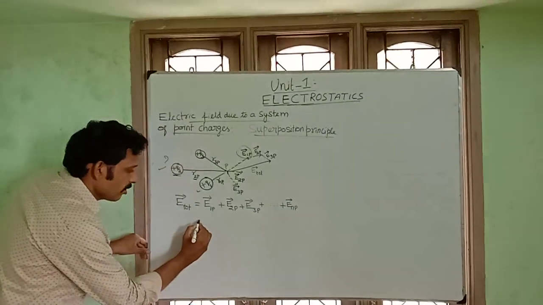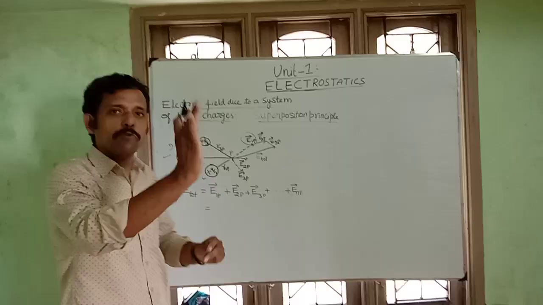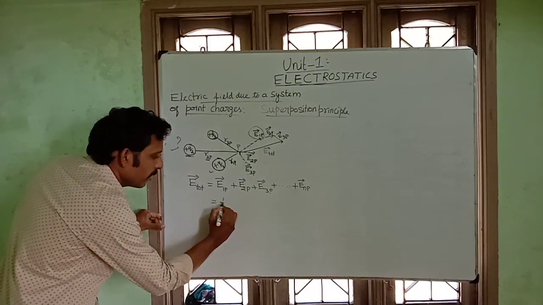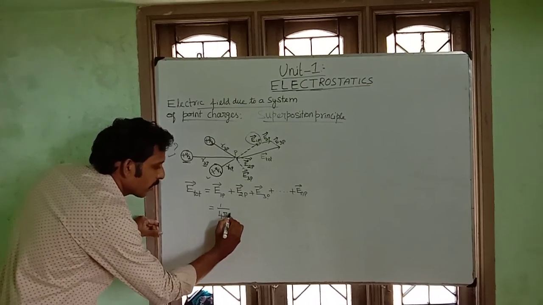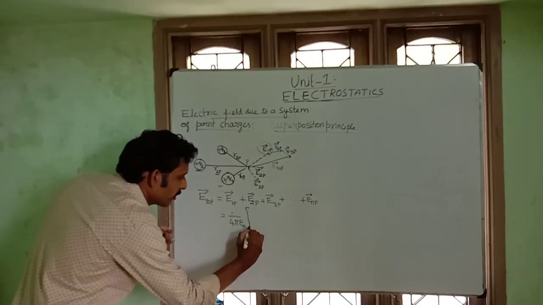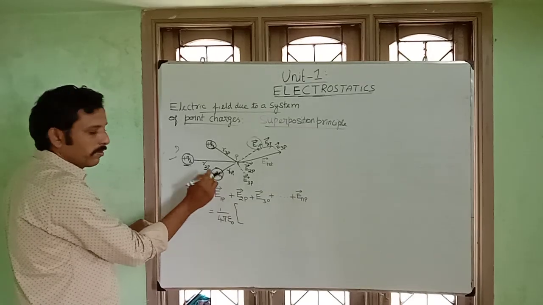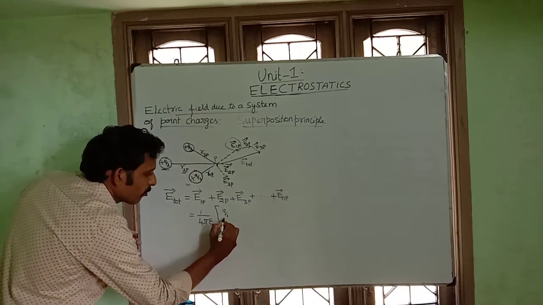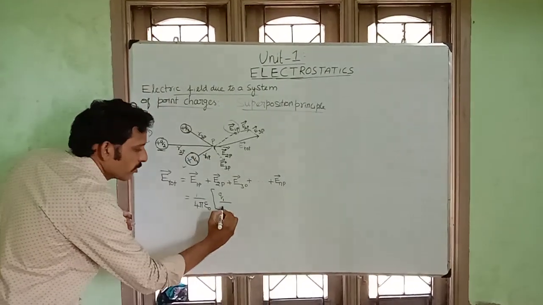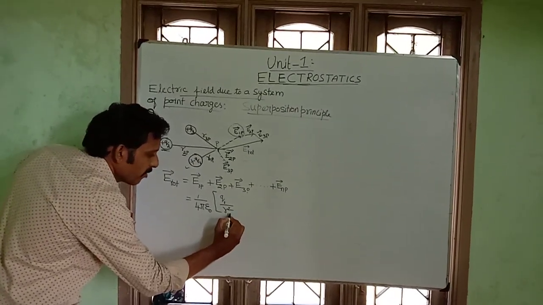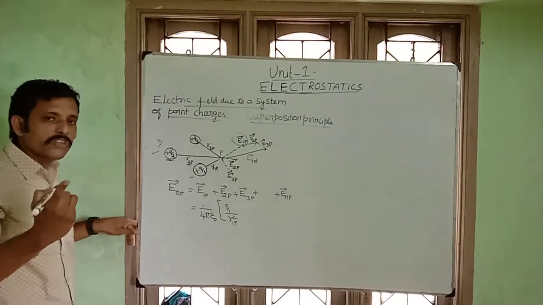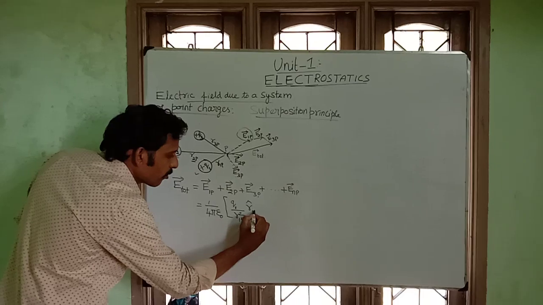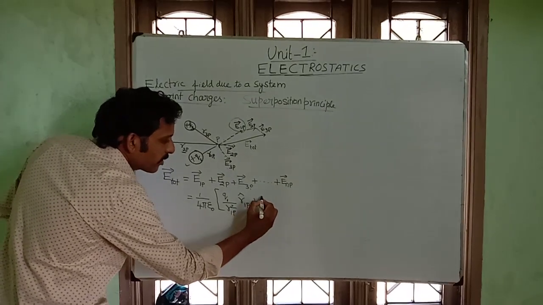So in all the cases you have 1 by 4 pi epsilon naught. Take note, it is common. First case, what is the charge? Q1. What is the distance? R1p. So r square 1p. We are writing in vector form now, so introduce a unit vector, r cap 1p. Plus similarly, what is the next charge?